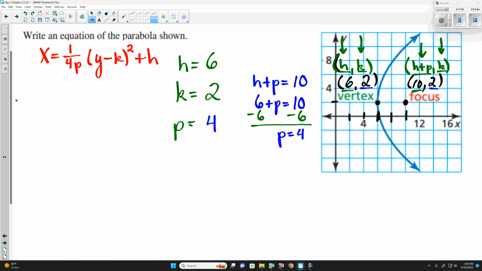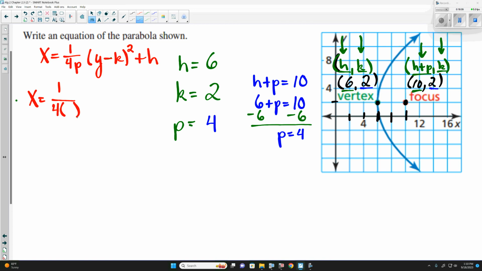And then we saw that h plus p was 10. The vertex immediately gave us h and k. For the x value of the focus, h plus p equals 10, we could set that up. We filled in our h value and found p, because we're not doing anything more than just lining up what we know the general equation is with the information given. Now to find the equation, we plug in the information we have.